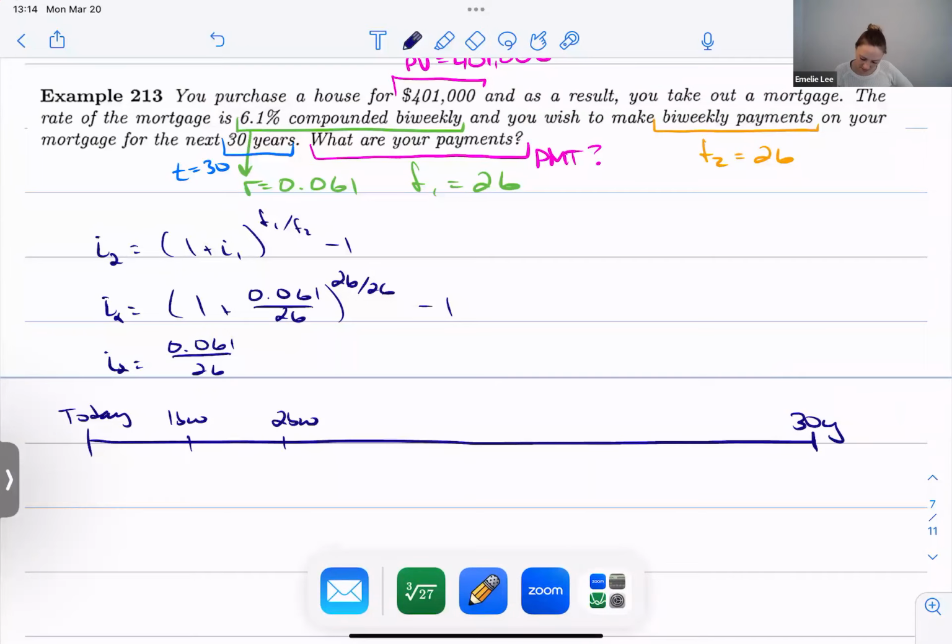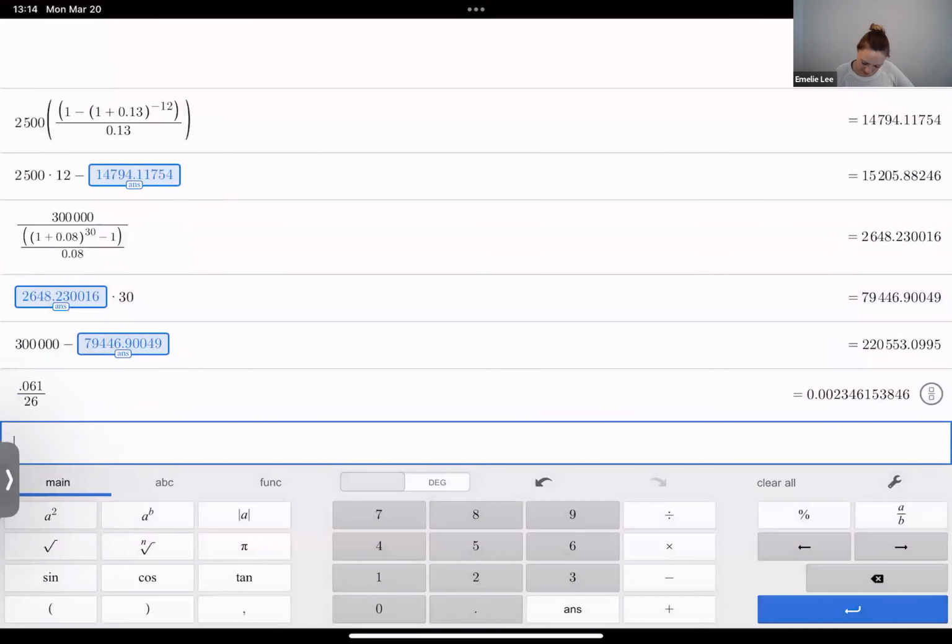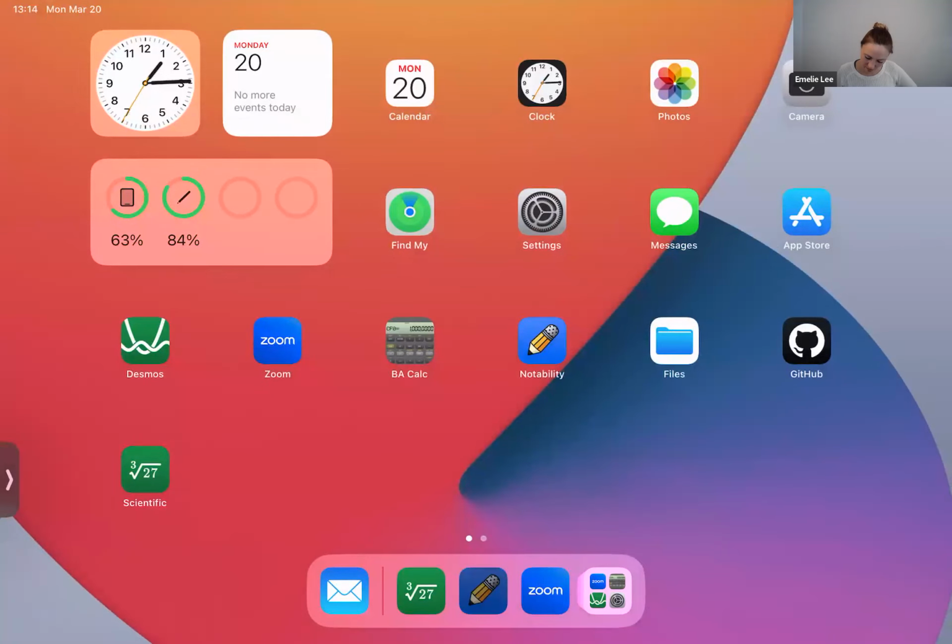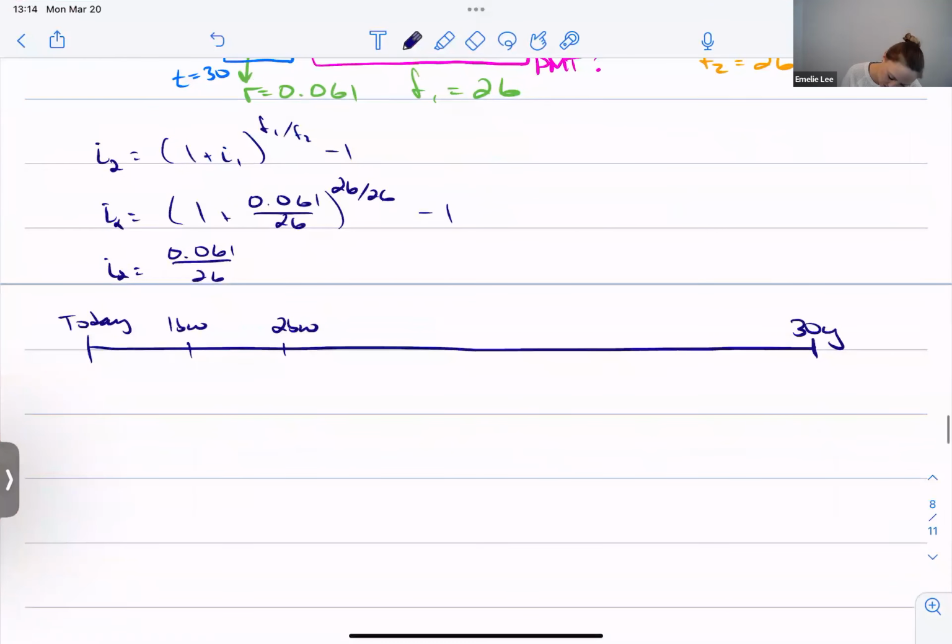Well, my trusty calculator, 30 times 26, I've made 780 biweekly payments. Okay. So this becomes 30 times F2, which is 30 times 26, which is 780 biweekly.